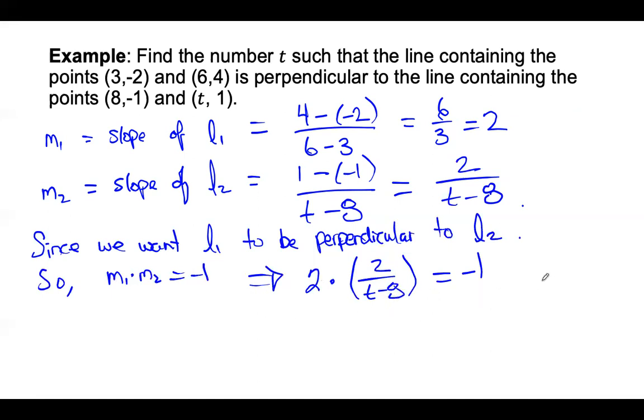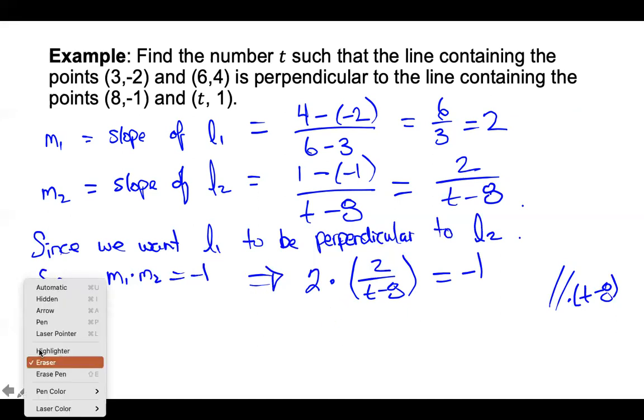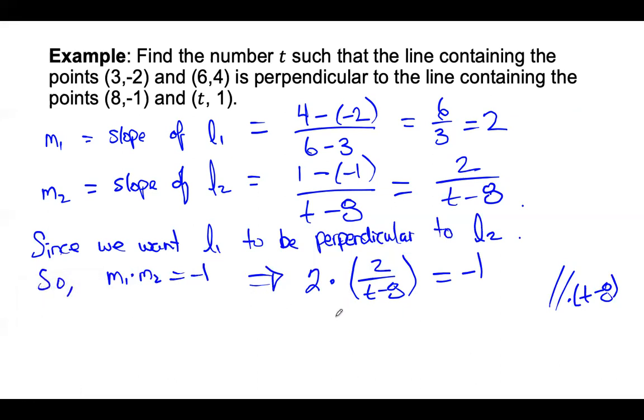We multiply both sides by t minus 8, and we got 4 on this side. So we got 4 equals -1 times t minus 8.